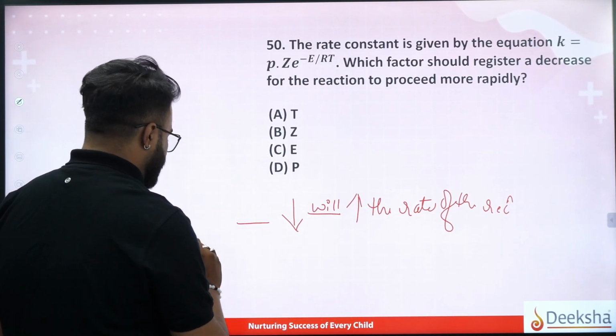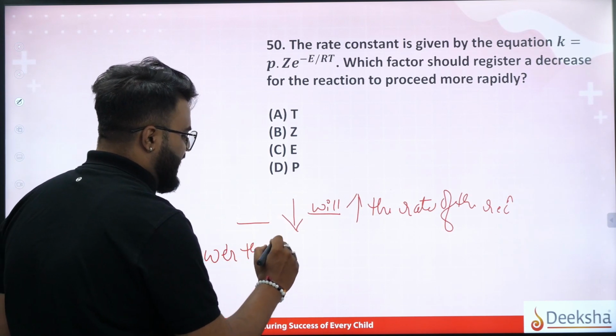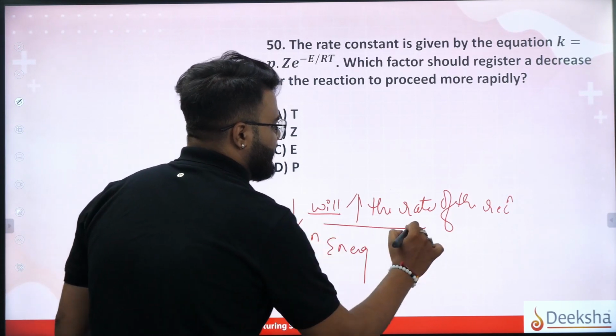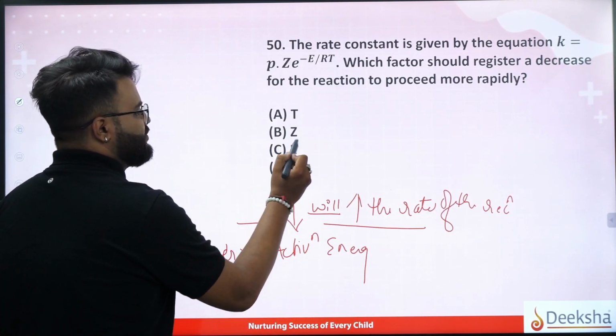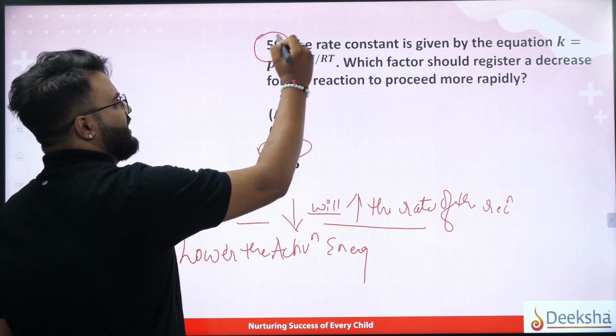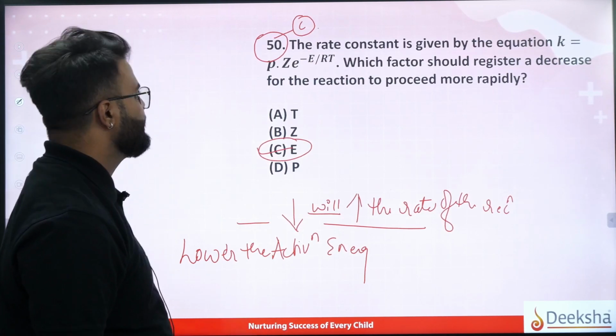That we know, we always lower the activation energy to increase the rate of the reaction, that is option E, that is E is the activation energy. Question number 50, option C will be the correct answer, that is activation energy.